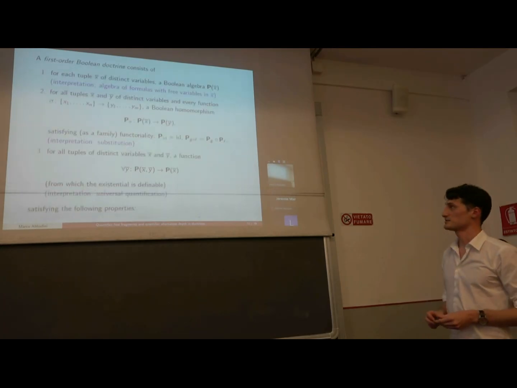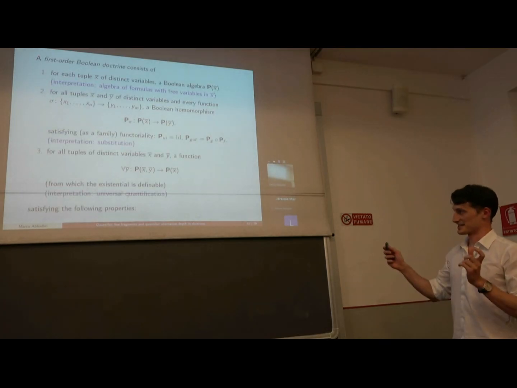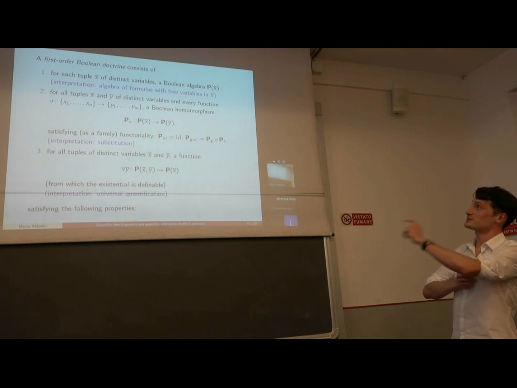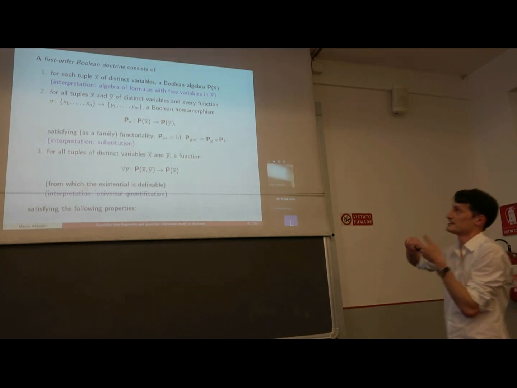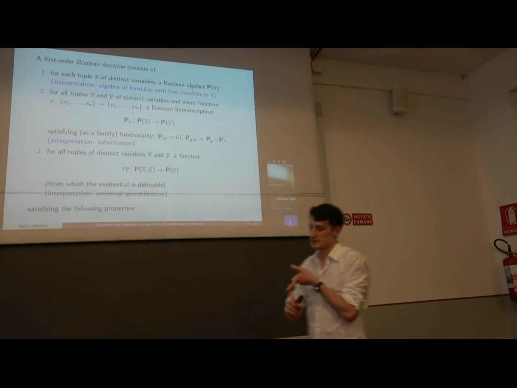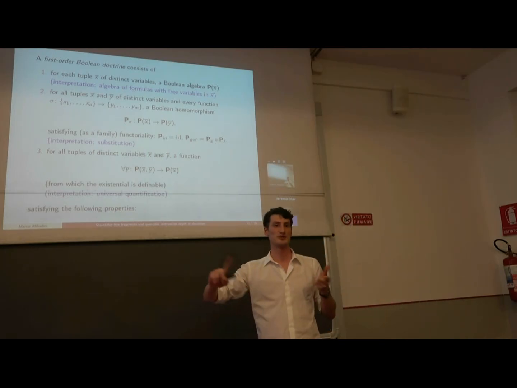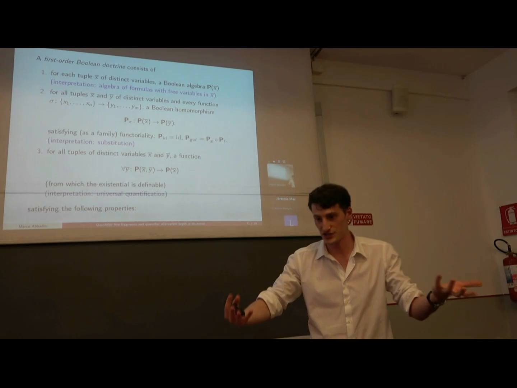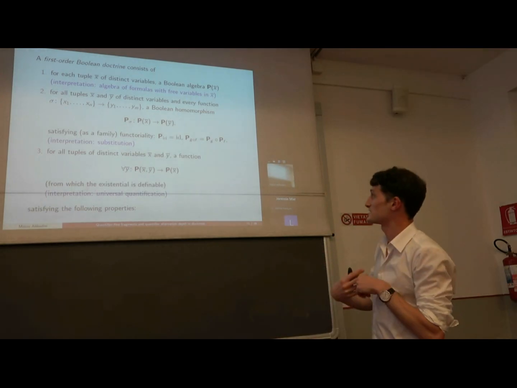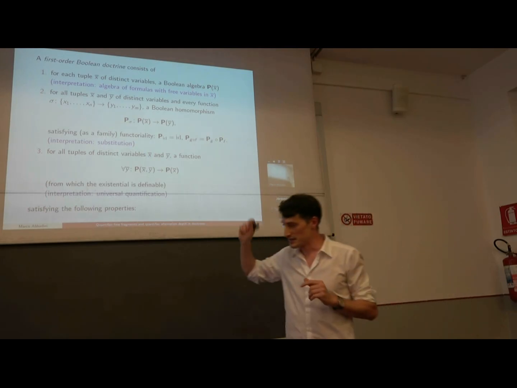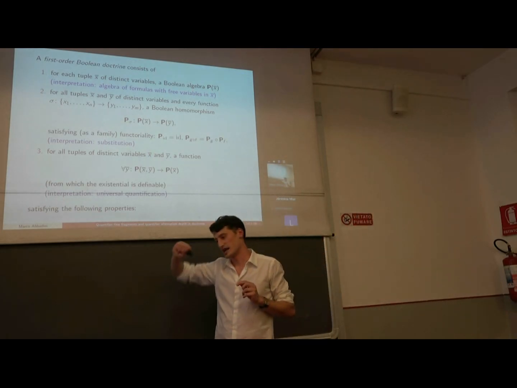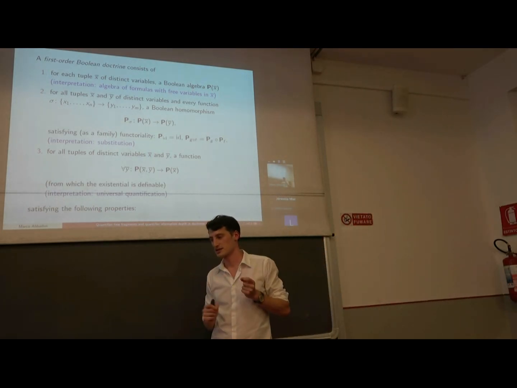And what are the axioms? These are the axioms. A first-order Boolean doctrine consists of the following data. For every tuple of distinct variables, x, you have a Boolean algebra. And the interpretation is that these are the algebras of formulas with free variables in x. Then we have something that connects these different Boolean algebras.